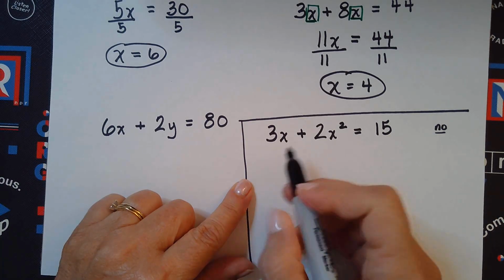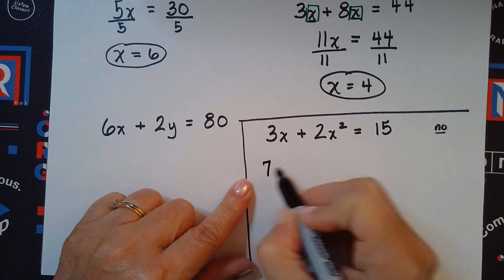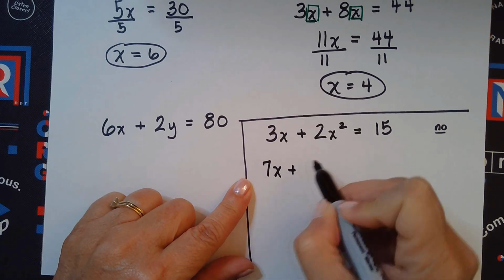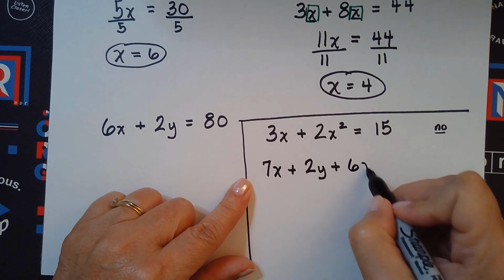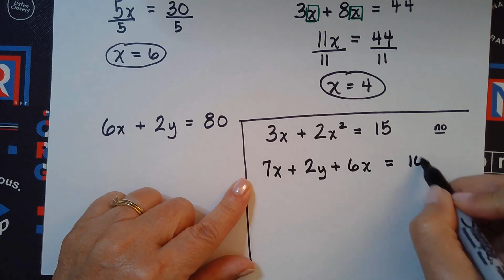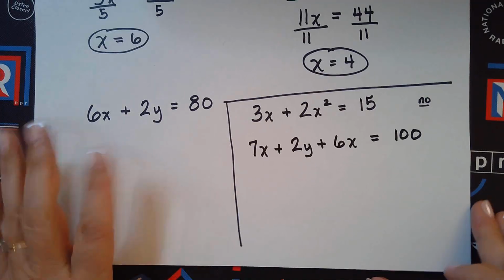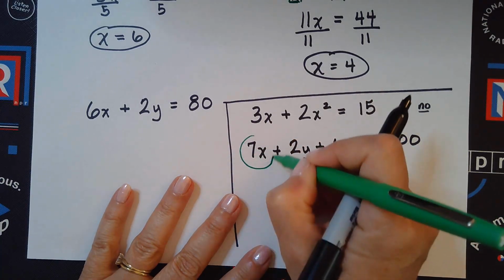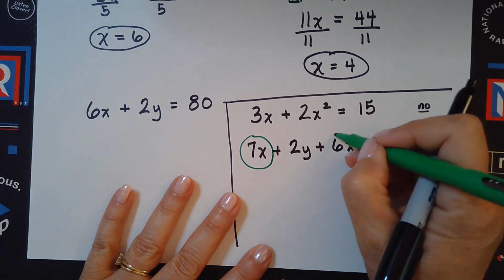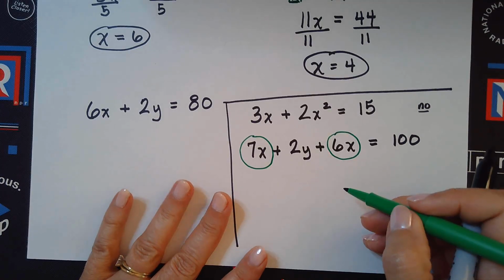Okay, let's try this one. What if I said 7x plus 2y plus 6x equals 100? Okay, now we have three things here. Do we have any like terms? Yes, we do. We have this term, which is an x term, and we have this term, which is an x term.